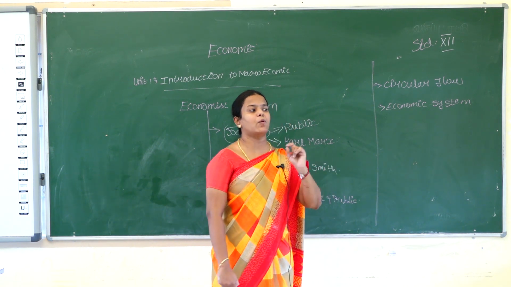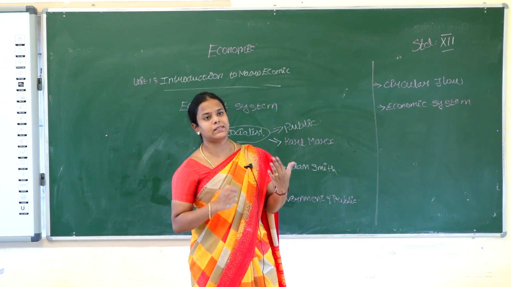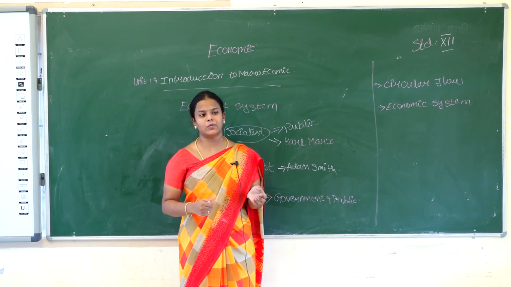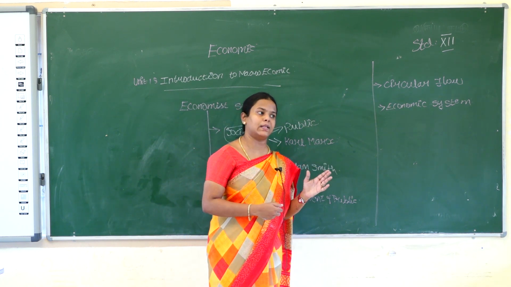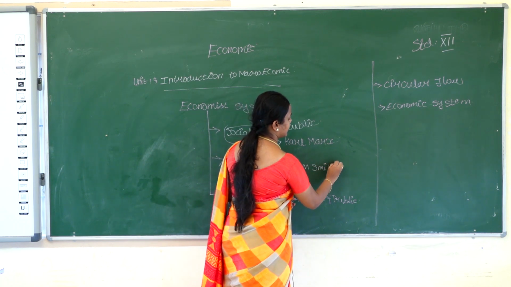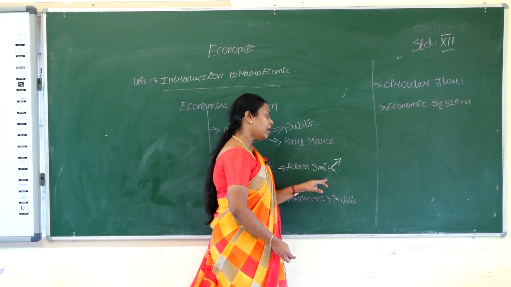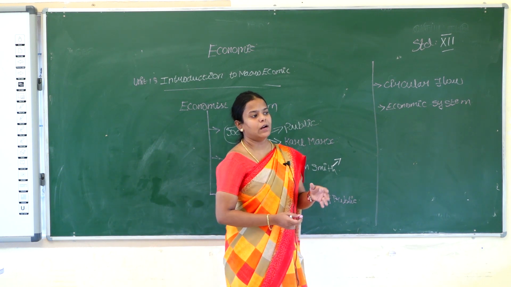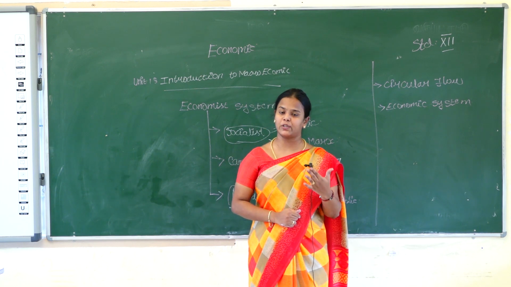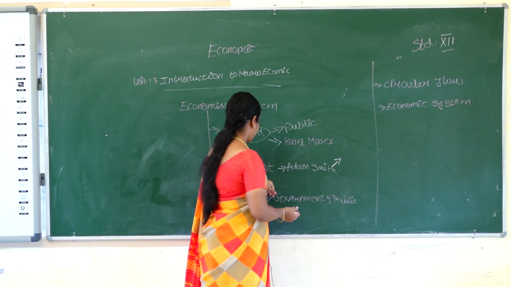In a capitalist economy, only one individual owns the company or firm, and he has the right to rule. For example, some features of a capitalist economy are that he has the power of planning, and he will take decisions on his own in production.